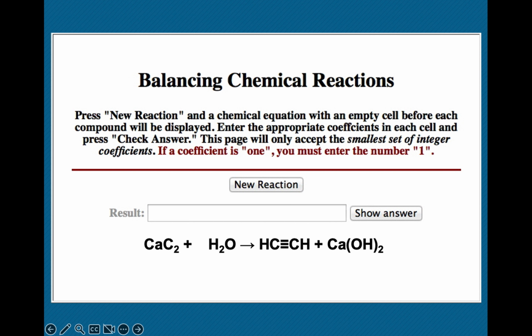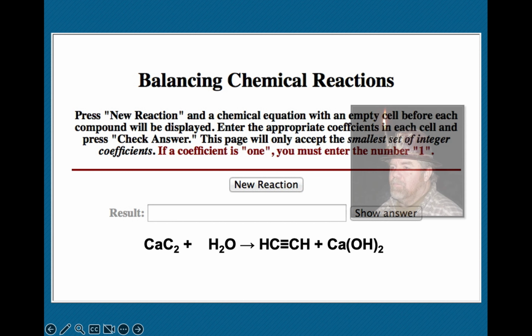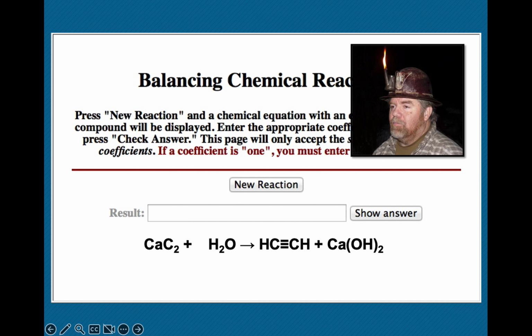Acetylene burns. It's in acetylene torches and stuff like that. Calcium carbide is a convenient little solid. And of course, water is a liquid. Back in the old days, before electricity, when miners went down in mines, they wore little hats like this.